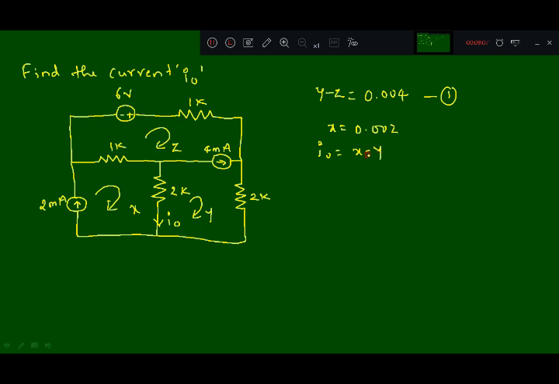So let these be equations 1, 2, 3. Then here it forms the super mesh.